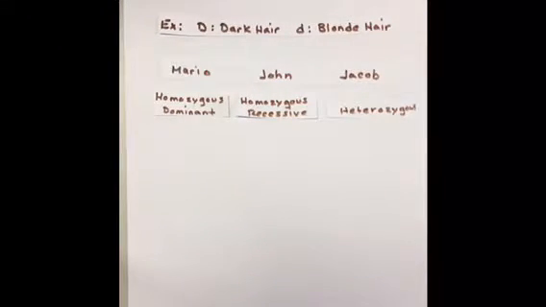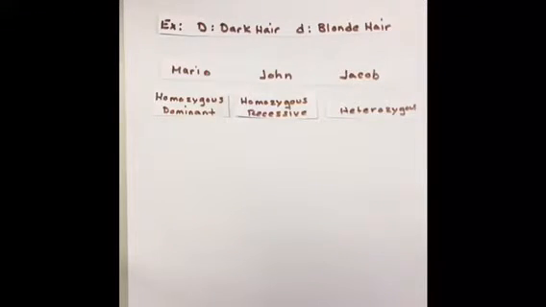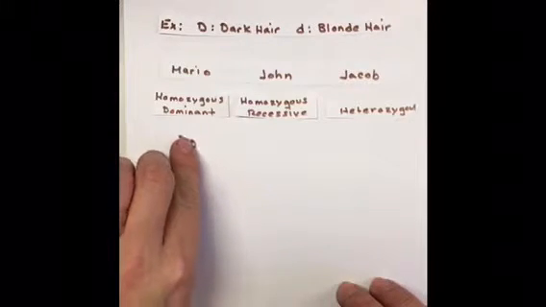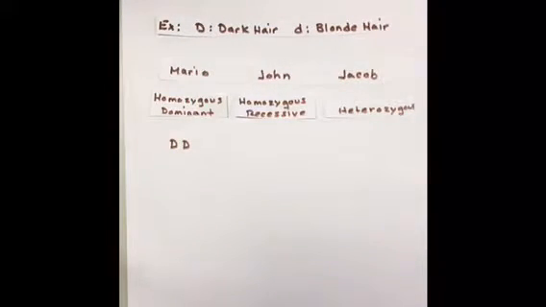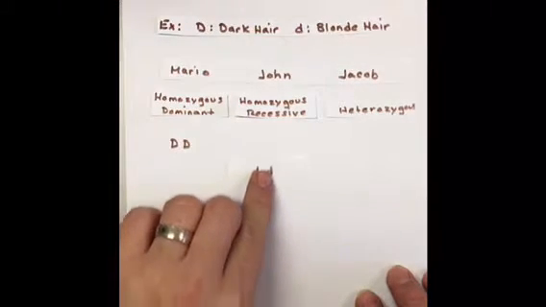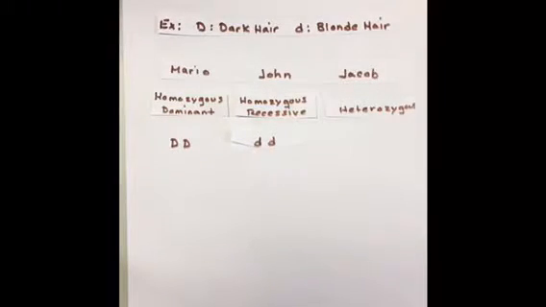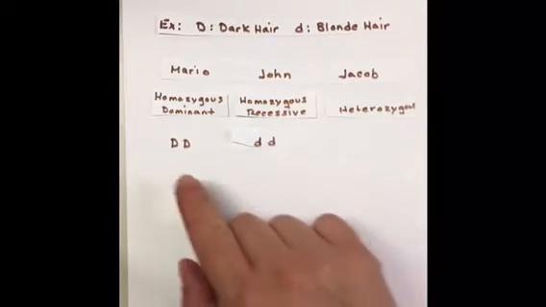Well, remember, homozygous dominant means that you have two dominant genes. So we would write Mario's genotype with two capital D's, because that's what was specified. If John is homozygous recessive, then we would write his genotype with two lowercase d's, because he got one from his mom, one from his dad.